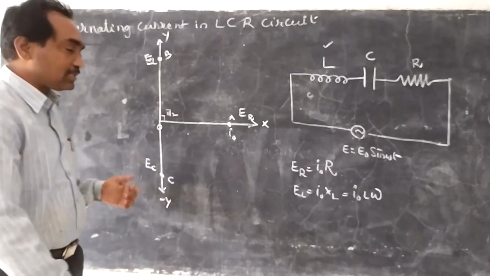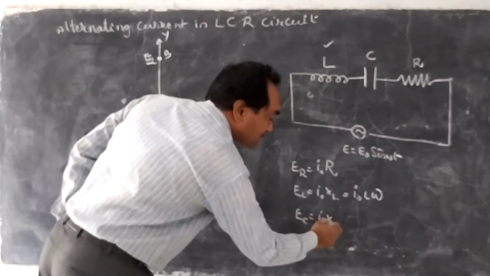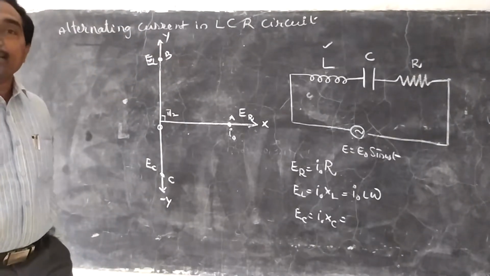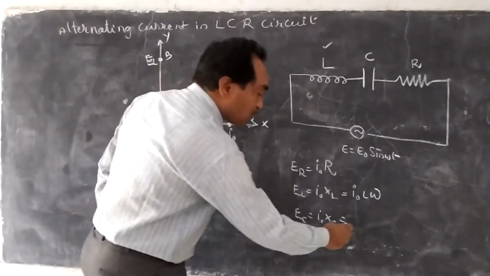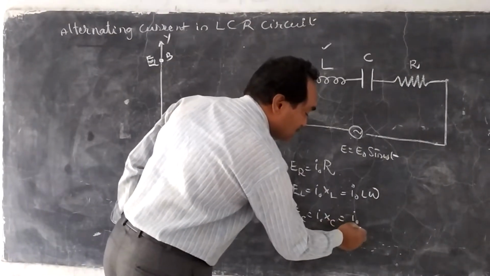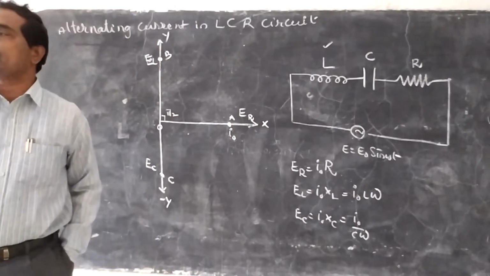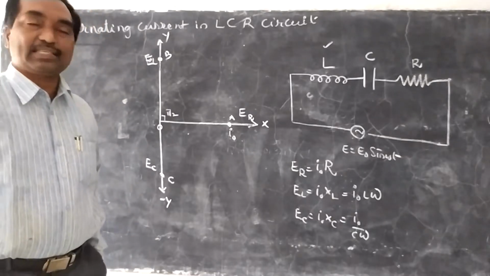What is this voltage? We know EC is equal to I naught XC, where I naught is the peak current and XC is the capacitive reactance. XC is equal to 1 by C omega, where C is the capacitance of the capacitor and omega is the angular frequency.